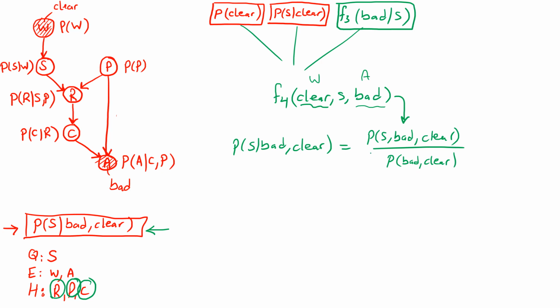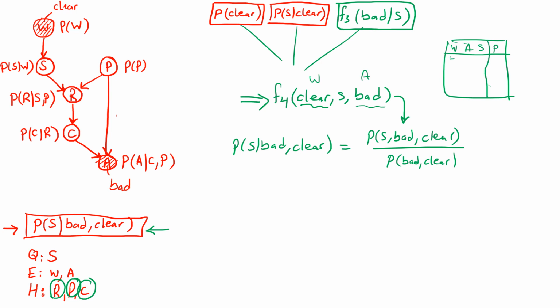Now, if we have this actual table, what would we do? We just normalize it. How would we normalize it? We divide the probability value by the sum of all probabilities. So we have a table like that. How many rows would we have here? How many values of S? We have 3 values. So we would have here W, A, S, and then the probability.